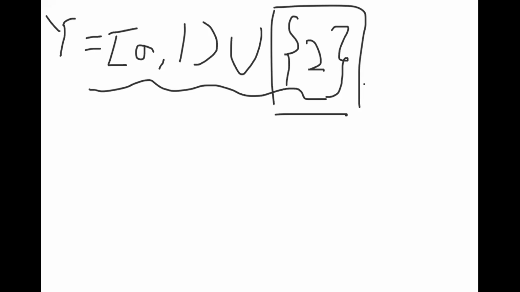But in the subspace topology, we can always find one. For example, if we take (1, 2] in R and intersect it with Y, then {2} is open. So now we see these two topologies are not the same.